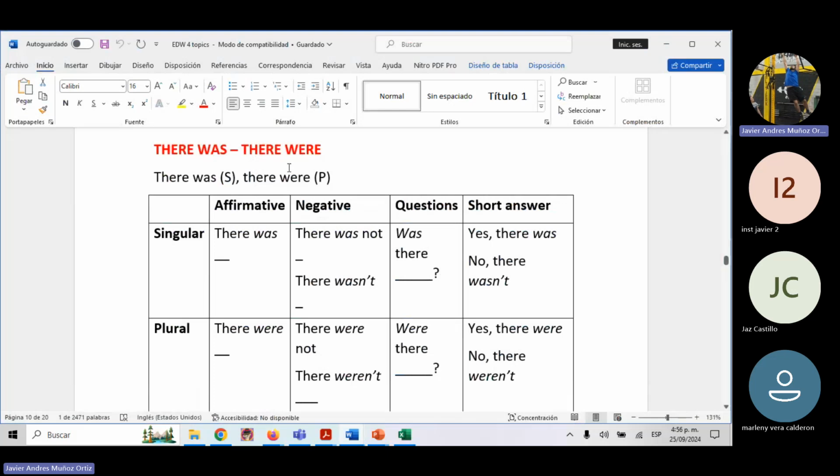But there was and there were is similar to there is and there are. The only thing that changes is that we are not using a subject like I, you, he, she, we, they, and so on. Instead of using this subject, we are going to use the word there. So there was and there were means like hubo, había, right?